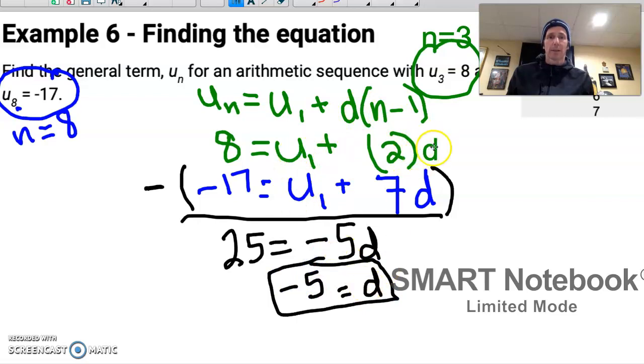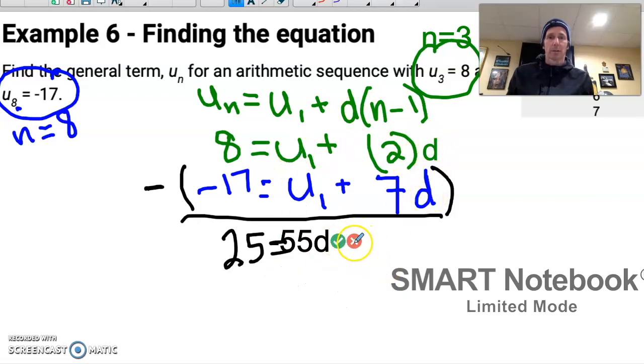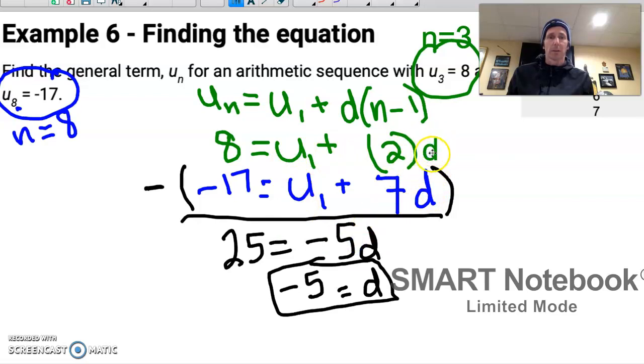And I can take that negative 5 and I can put it here or here. It doesn't matter which place I put it. Since I have the opportunity in this magic thing, because this d is here, to make that go away, I can put a negative 5 right there where that d was, and I can solve this for u1, the first term.